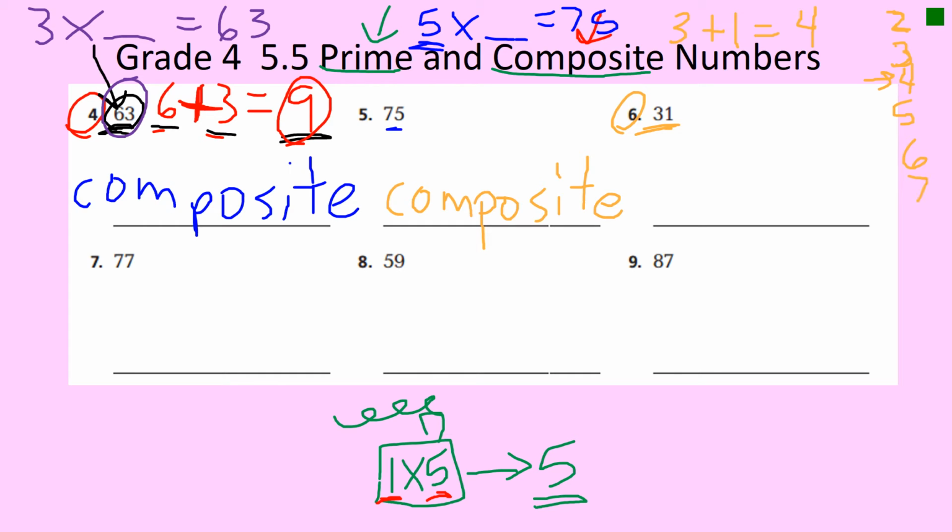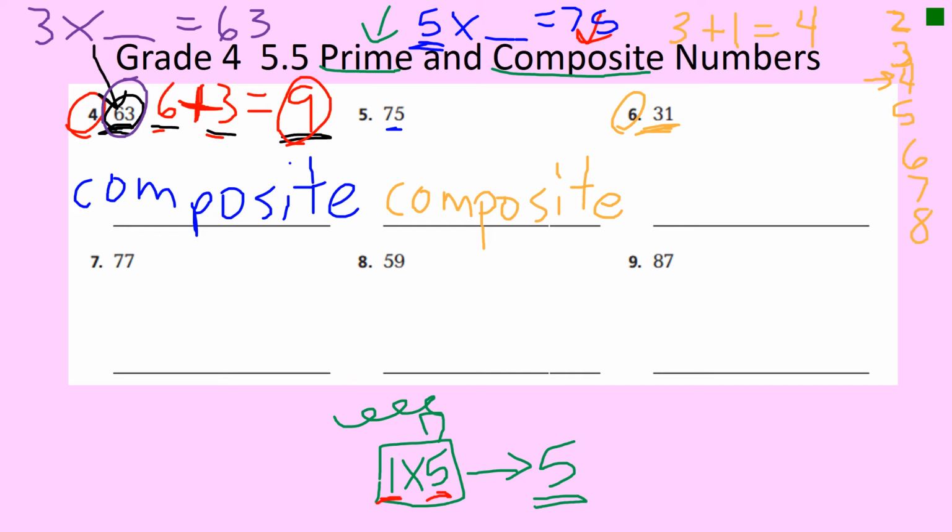All right, let's think about 7. I'm going to count by 7s and see if I get to 31. 7, 14, 21, 28, 35. Whoop, nope. All right, how about by 8s? 8, 16, 24, 32.